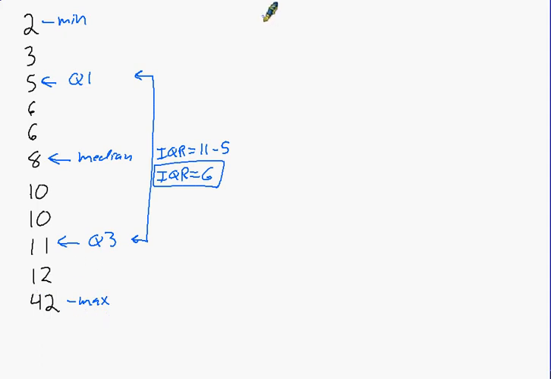So the definition, let's calculate the lower limit. Because it's on the lower side, you start from the first quartile. So this is going to be Q1 minus, because of course we're going this way on the number line, 1.5 times the inner quartile range.